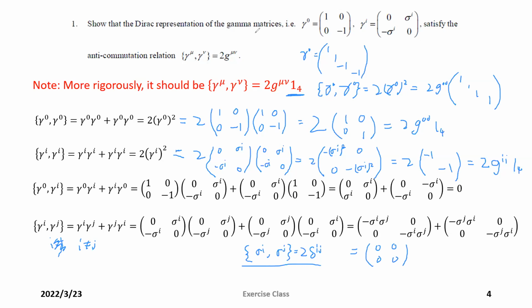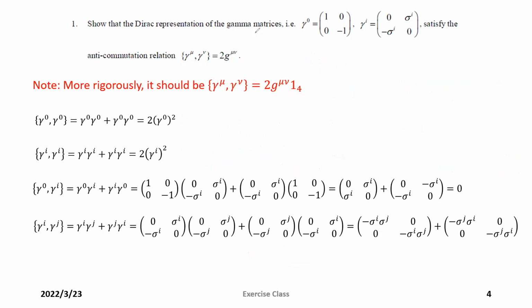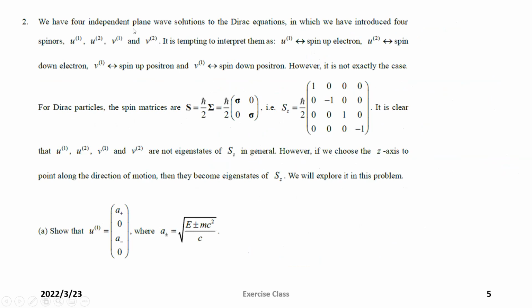So let's move to the next question. It's quite long, so let me first explain the question. As I just said, in the Dirac equation we have 4 solutions which carry the 4 spinors, u1, u2, v1 and v2.